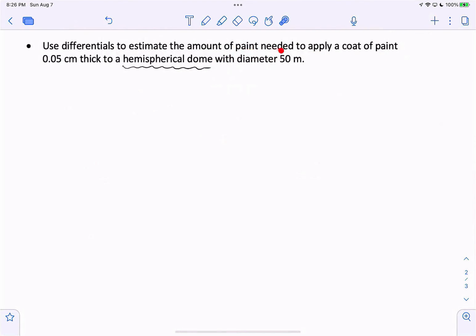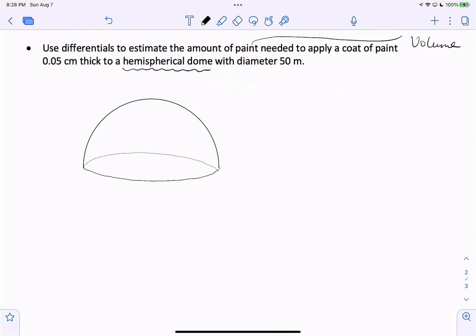And if you think about paint, it's in terms of gallons or pints or something, but it's a volume. And the idea is that if I have a half of a sphere and I put a coat of paint on it, its volume is going to increase just a tiny bit. And that's what differentials can be good for.